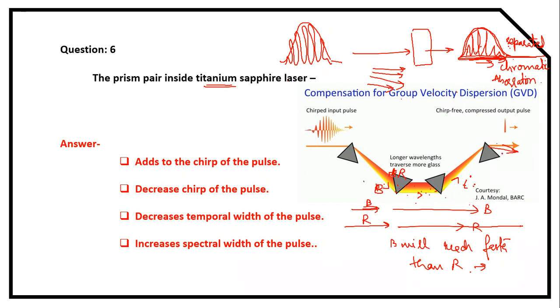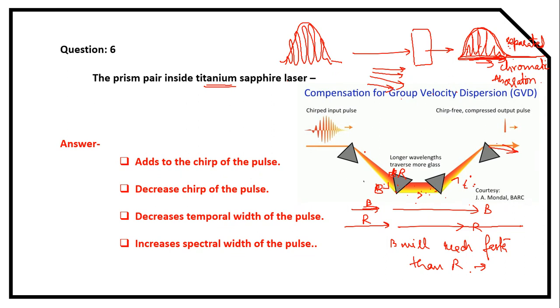The pair of prisms are arranged perpendicular to each other, at a certain angle, so that they allow the light to pass at a certain angle.